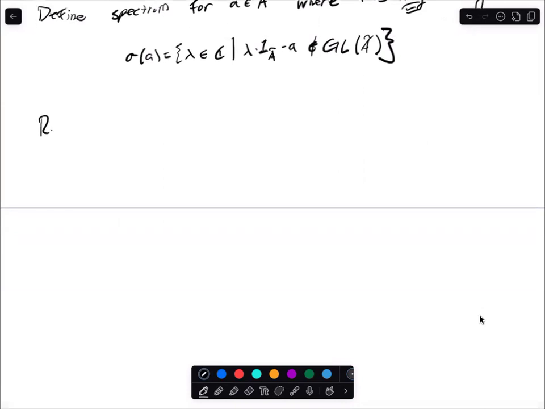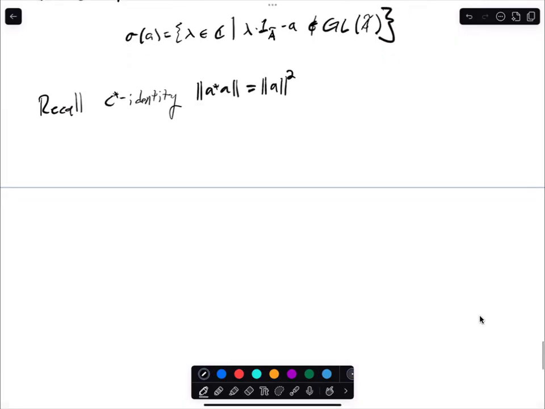So let's recall one more time the C-star identity, which I like to interpret as uniting some of these algebraic features, like having this involution and this multiplication, with the norm structure, which is inherently an analytic structure, something coming from functional analysis.